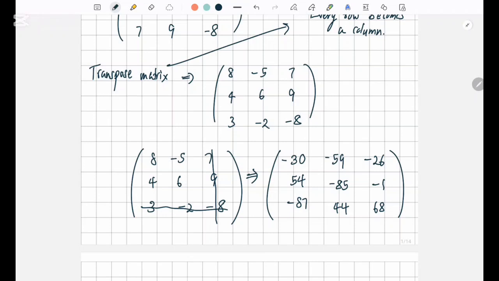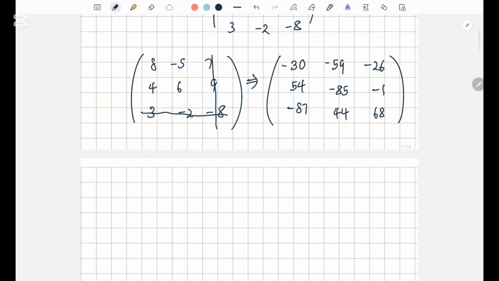Okay, now we have one more step to do. There's this thing when you find the inverse of a matrix. We have these symbols right here, like this. So we use this to find the adjugate matrix.